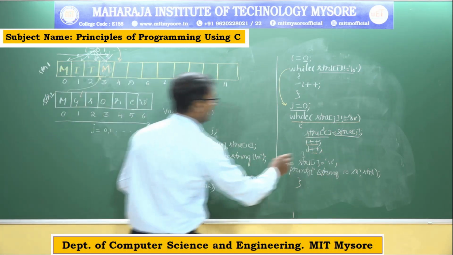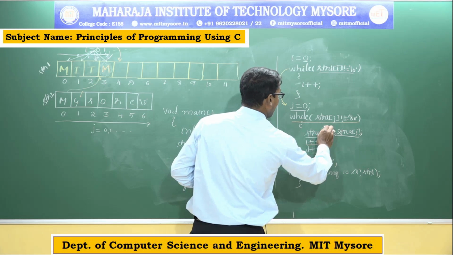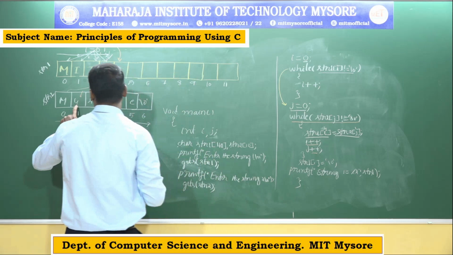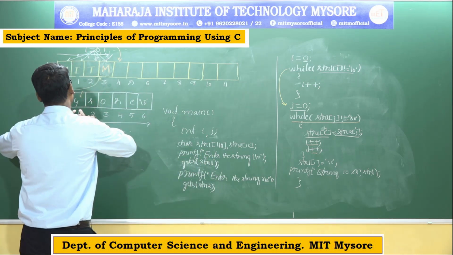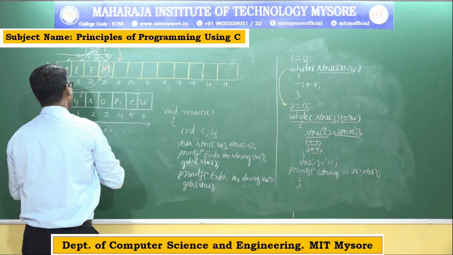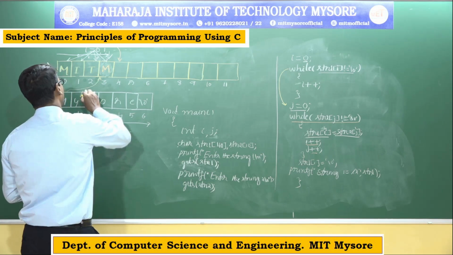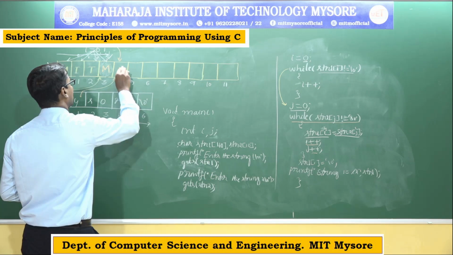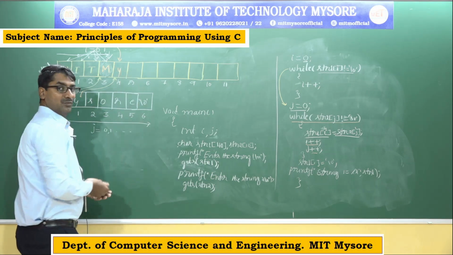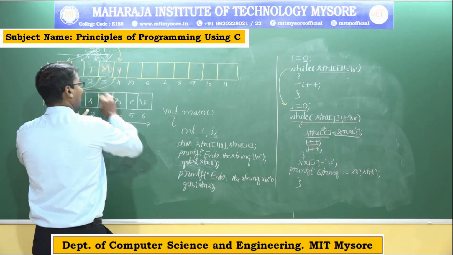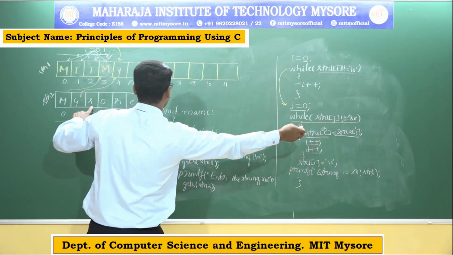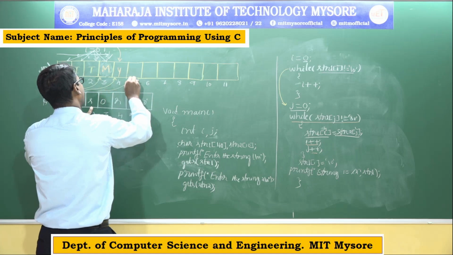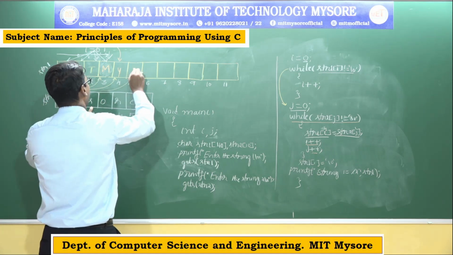Once this condition is satisfied, then it will copy str1 of 4 is equal to str2 of 1. So str2 of 1 is y, and y is copied to the next location. Similarly, the I value will be incremented. The next value is yes, not equal to null. The condition is satisfied, then it assigns the next location, that is yes.